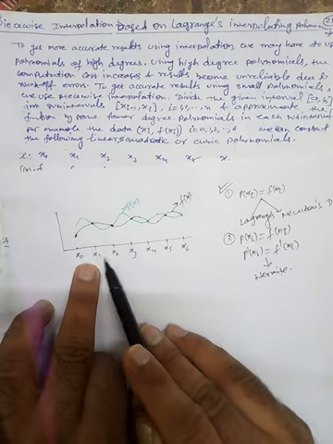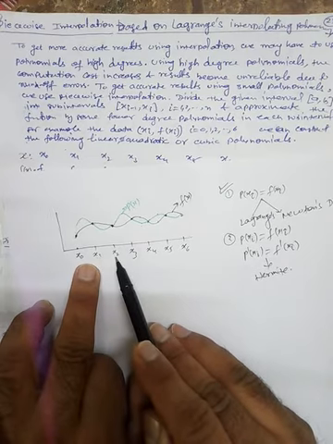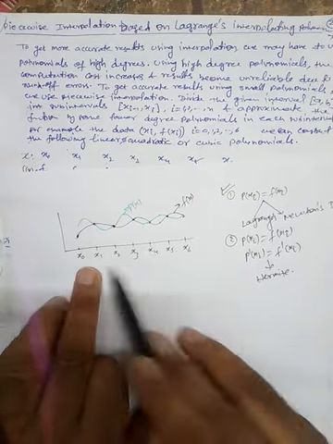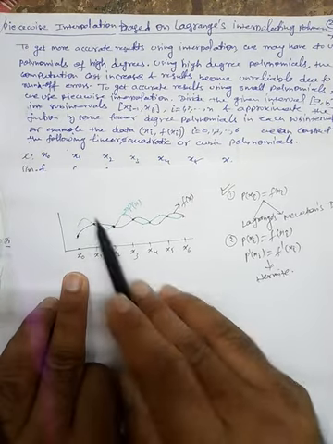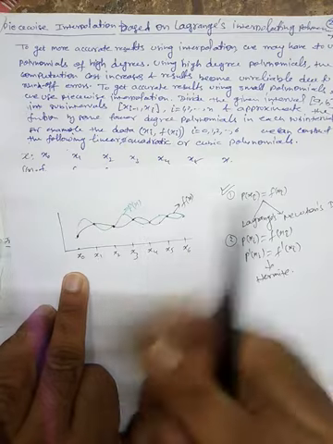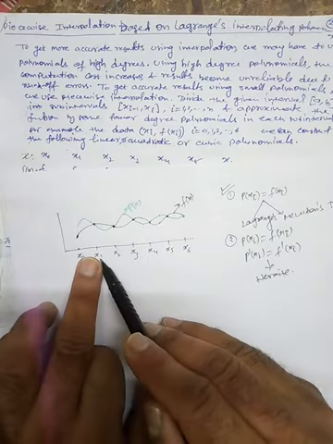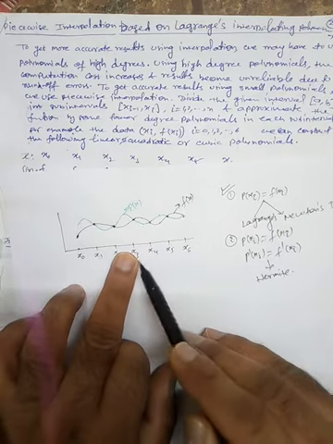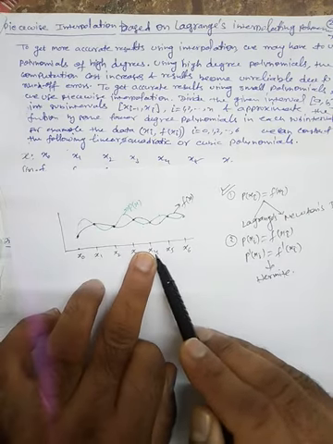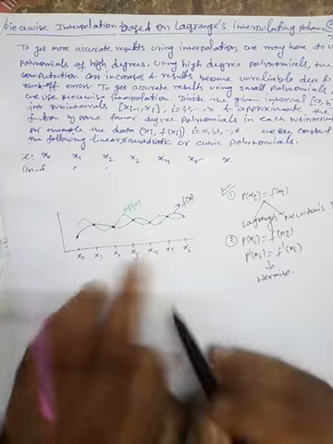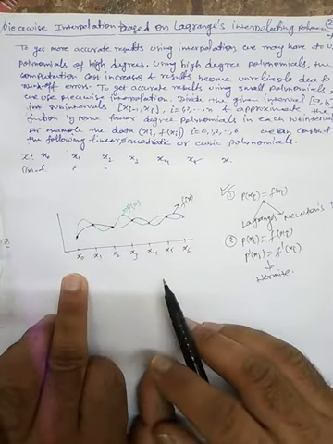Similarly for x1 x2, x2 x3, x4 x5. So ultimately, rather than fitting a single polynomial p(x), we can fit 6 linear polynomials: from x0 to x1, x1 to x2, x2 to x3, x3 to x4, x4 to x5, and x5 to x6.